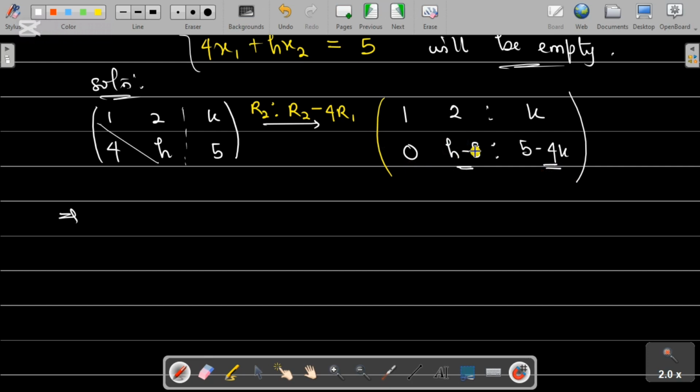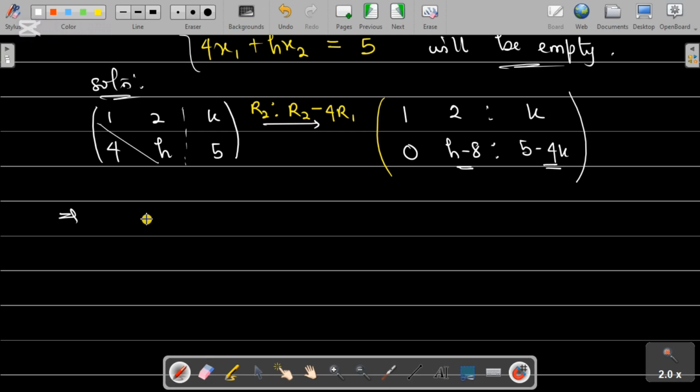You want here to be 0, you just want a lesser number of equations than the number of variables. Here we have 2 variables, so if I eliminate this particular row and I just have this, then I'm going to have infinitely many solutions.